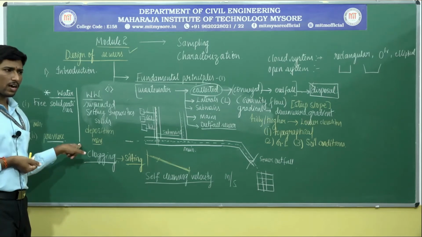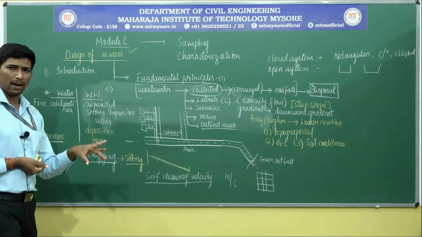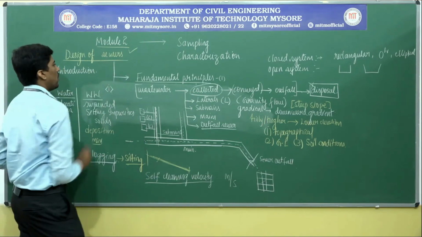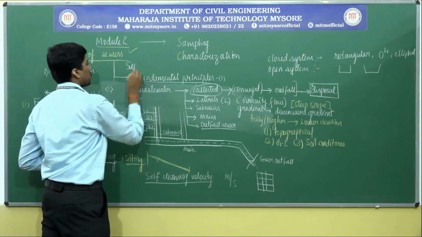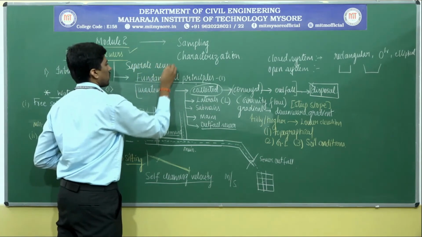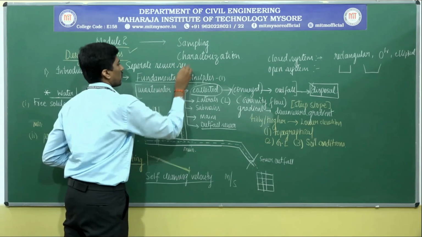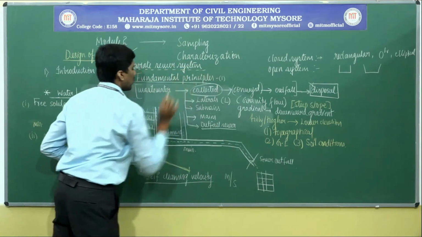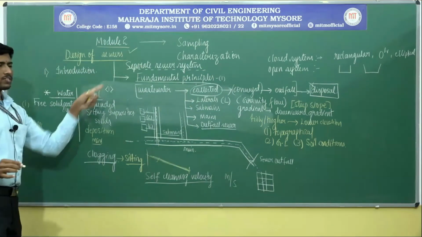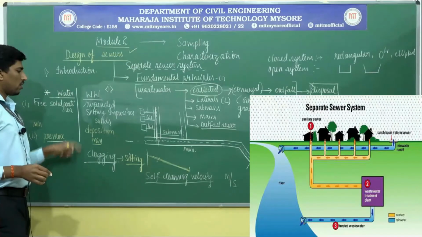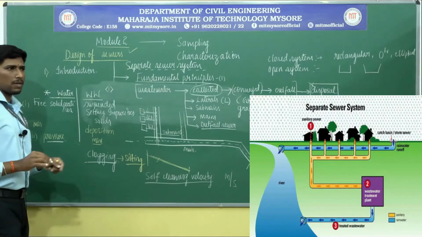In order to see that the issues are minimized, which kind of sewer system should be placed? So therefore, we come across a separate sewer system. A separate sewer system is better so that the clogging or any other problems can be minimized.